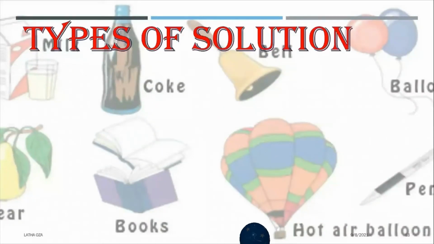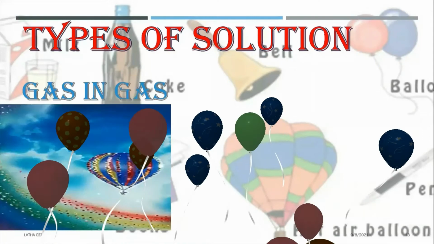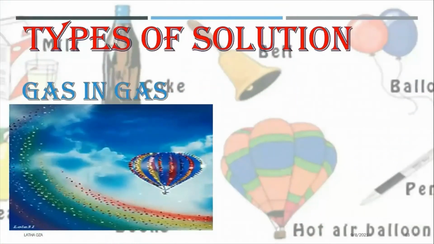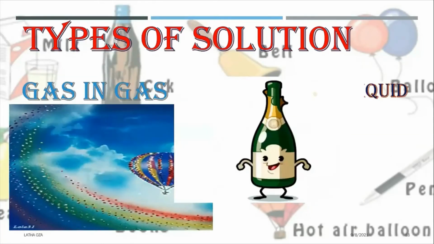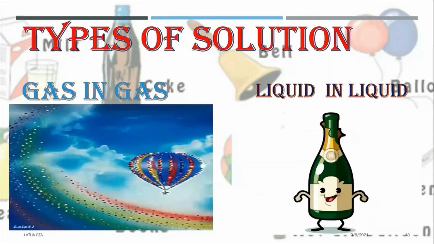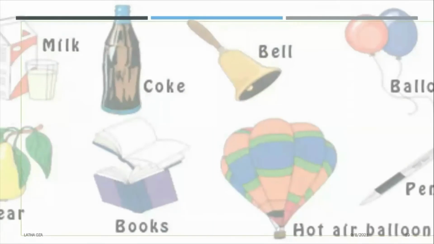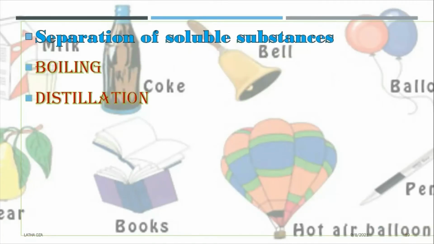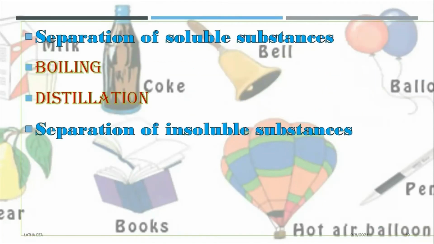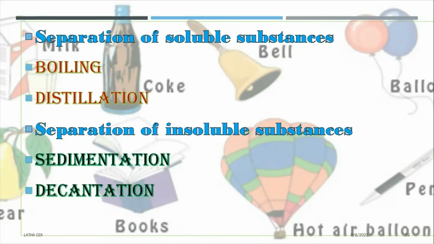Gas in gas, for example, air, which is a mixture of gases, and liquid in liquid, alcohol in water. Separation of soluble substances is of two types, boiling and distillation. Separation of insoluble substances is of two types, sedimentation and decantation, followed by filtration.